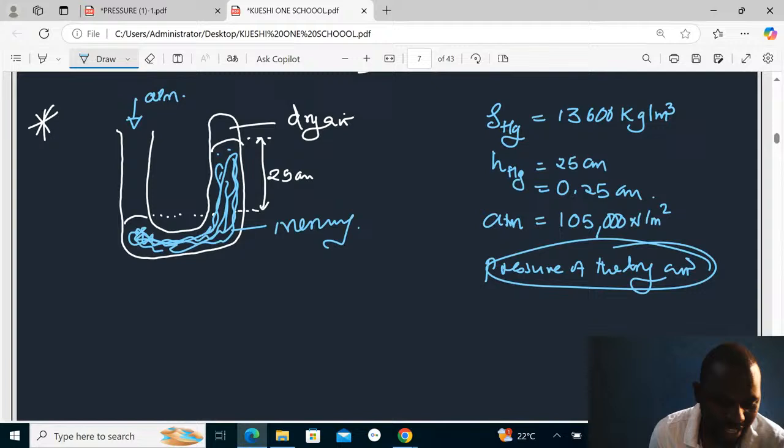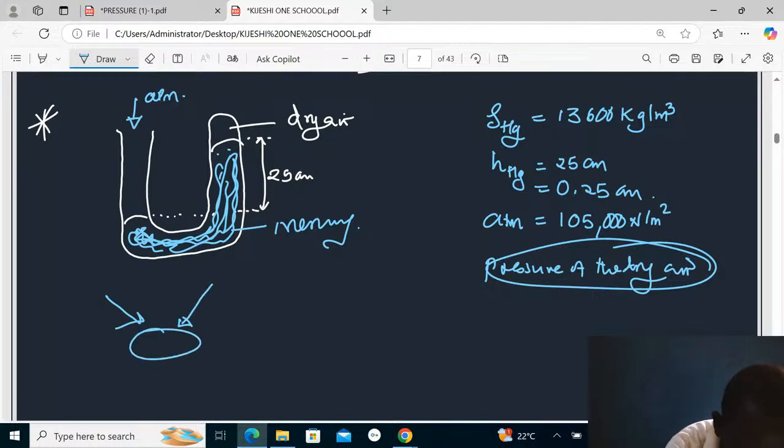For example, in our case here, atmospheric pressure is moving in this manner. Then we have mercury moving in this manner. Therefore, we do expect them to be countering each other.